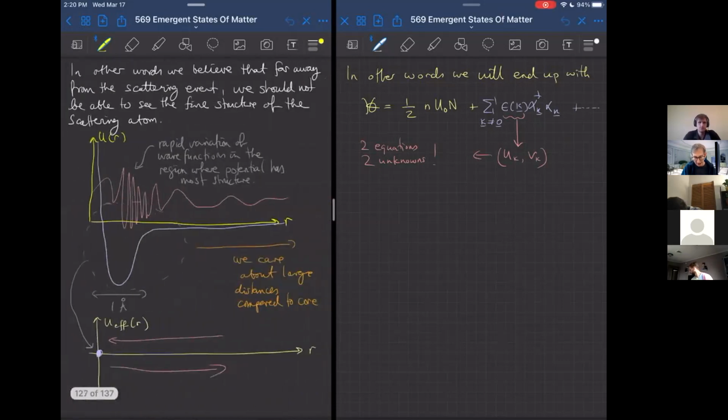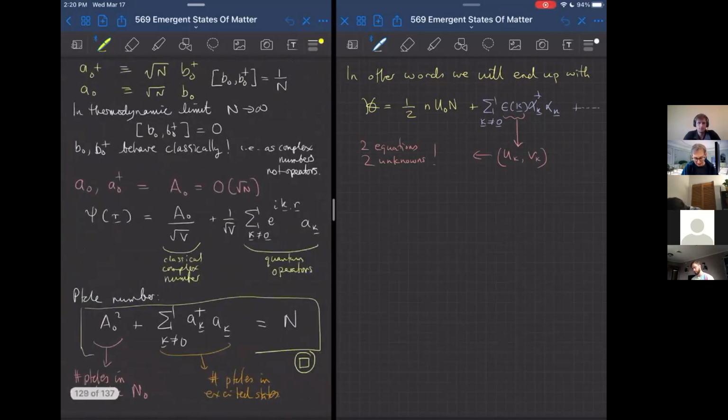What we discussed last time was that in a Bose-Einstein condensate, the condensate itself, because it has a large number of particles, essentially behaves like a C number, a classical complex number, not an operator. So we write the field operators as the sum of a complex number which represents the condensate, and then operators for the excited states.